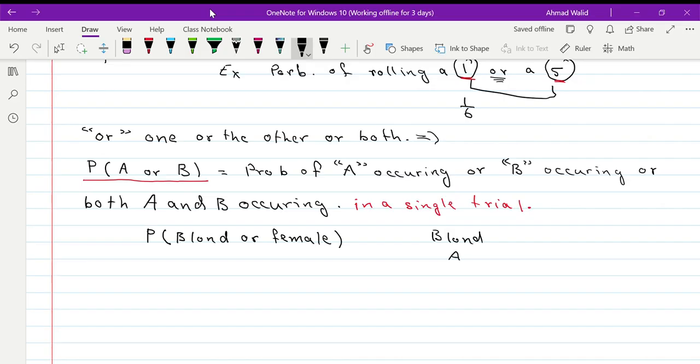Or someone can be blonde and be a boy, not a girl, a male.